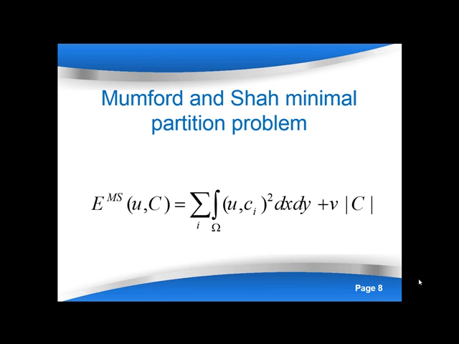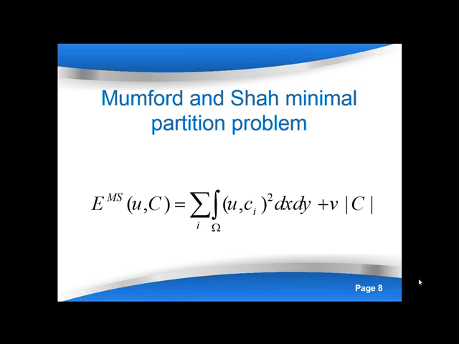Mumford and Shah minimal partition problem wants to find a subset omega i of omega and u, an approximation of u naught, or the image, which varies smoothly within omega i and rapidly and discontinuously around boundaries of omega i.